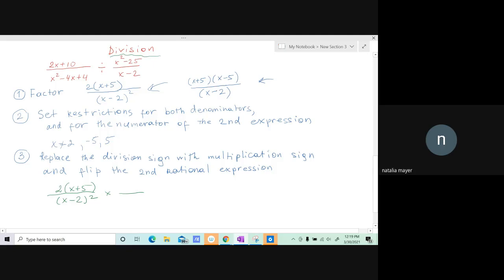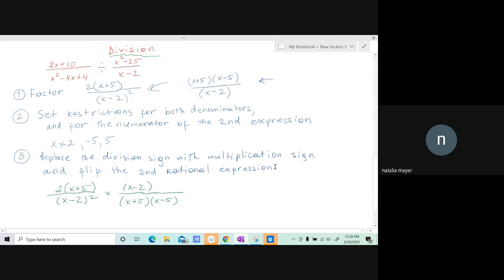So x minus 2 will go up, and down we'll have x plus 5 times x minus 5. Okay, so we have done that.